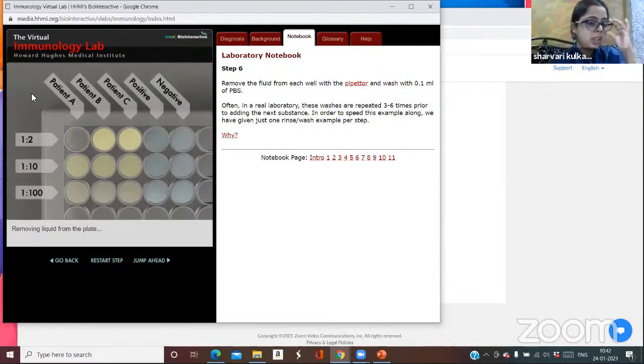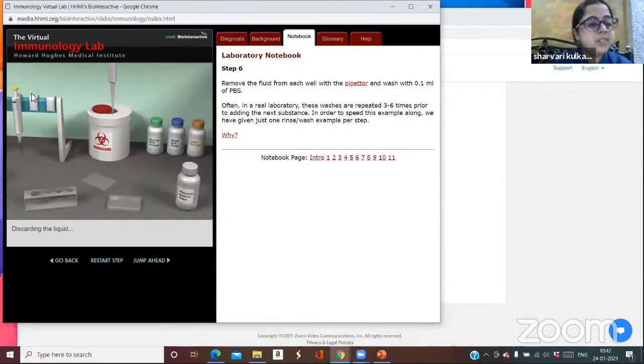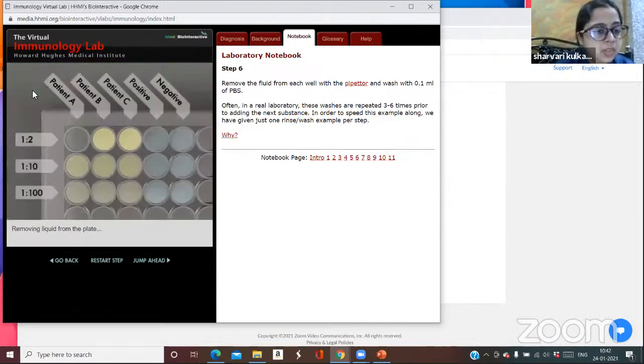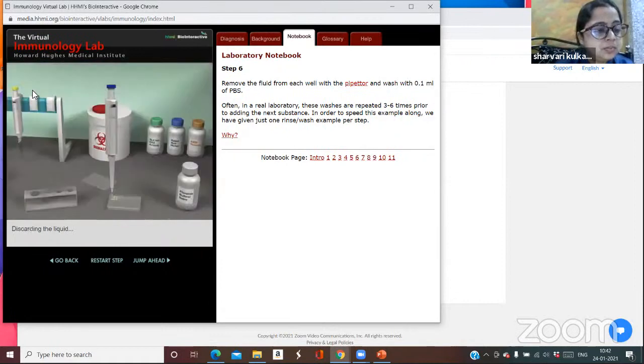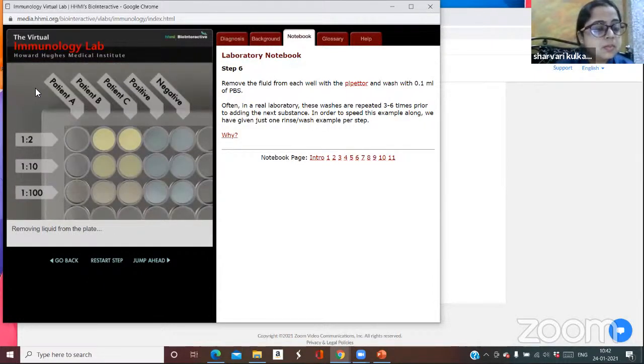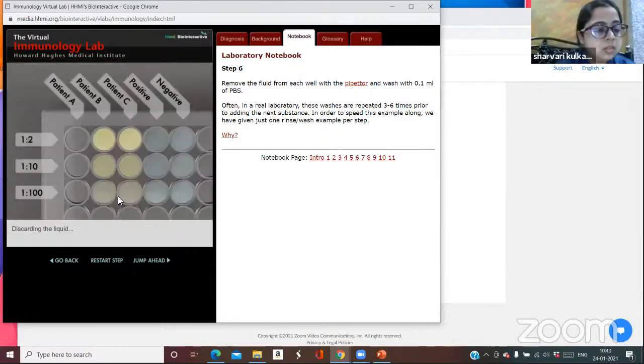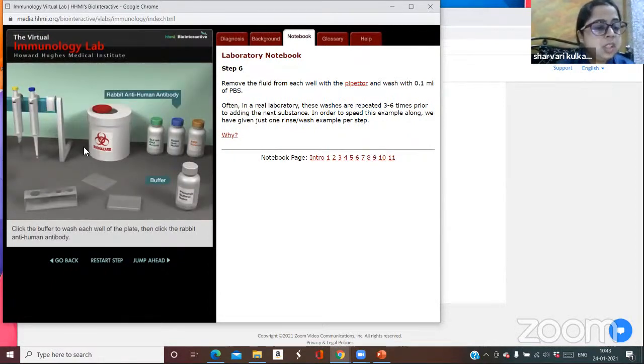Are you able to connect it to the concept which we have seen? Right. Now we will remove our liquid from the plate. All the washes are done.